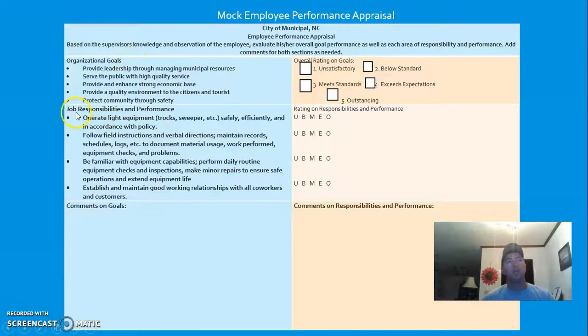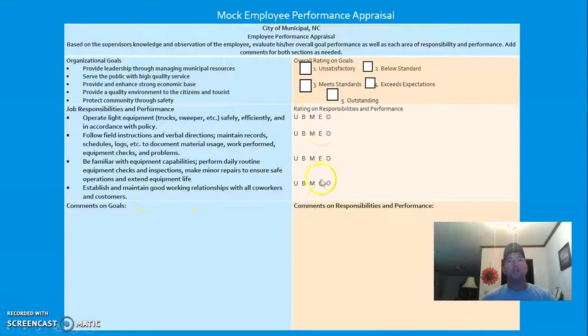Next, under that is the job responsibilities and performance. This is specific to the employee, to his position. In this particular case, he was a truck driver, so he operates light equipment safely, efficiently, and according to policy, and it lists his other job responsibilities.